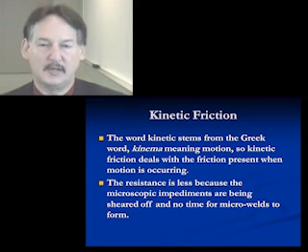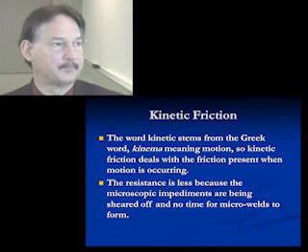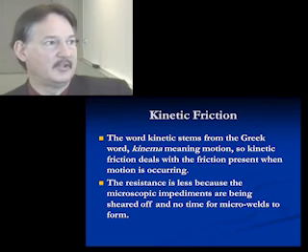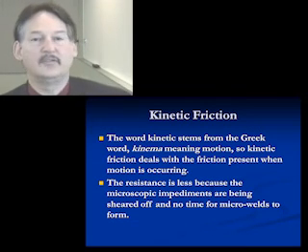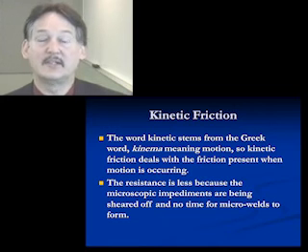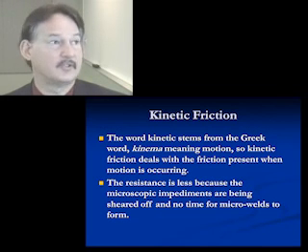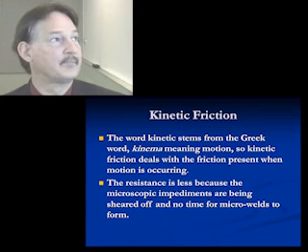So it doesn't take quite as much force to keep the object moving once it's moving as it did to start it moving by overcoming friction. So because the resistance is less, we're going to find that the friction associated with sliding is actually lower than the friction associated with static or at rest motion.